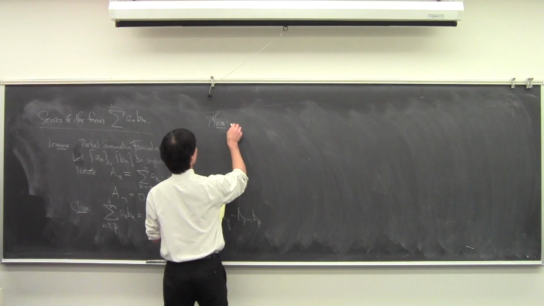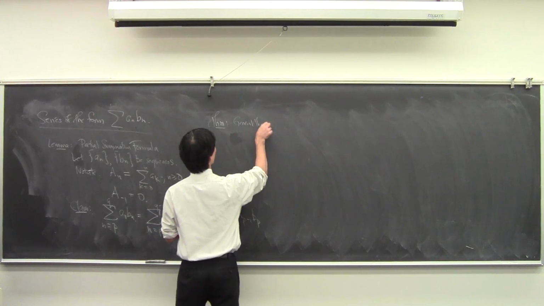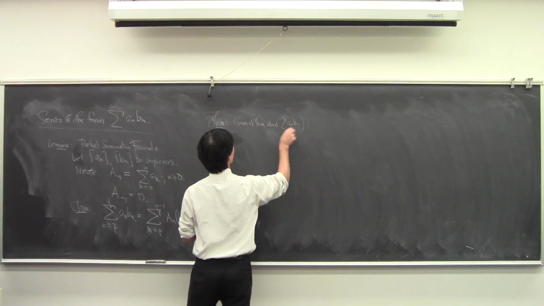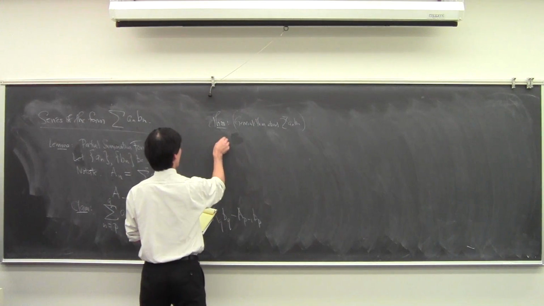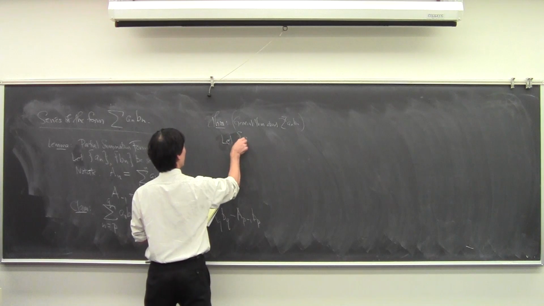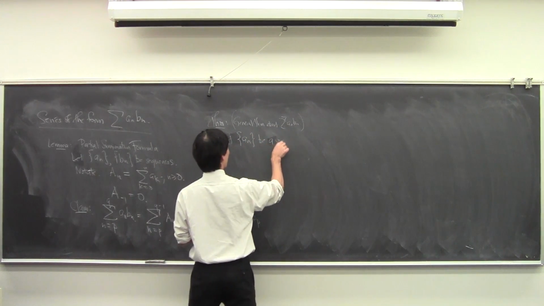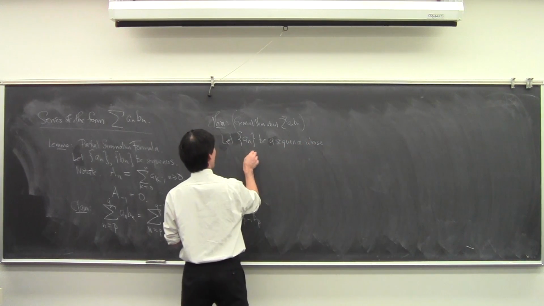General theorem about series that look like this. So let A sub n be a sequence whose sequence of partial sums is bounded.